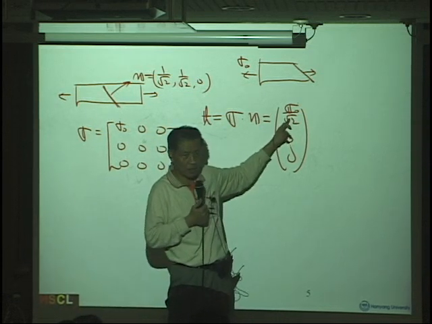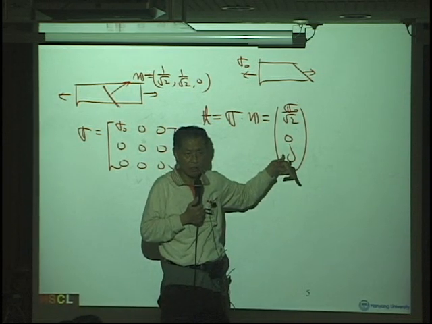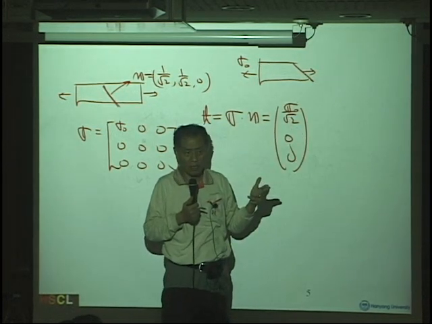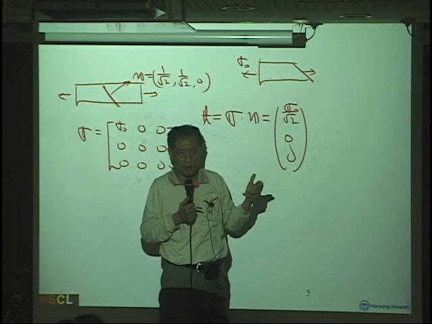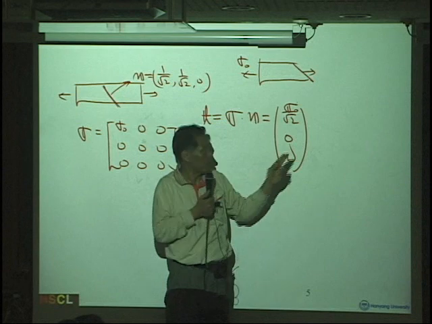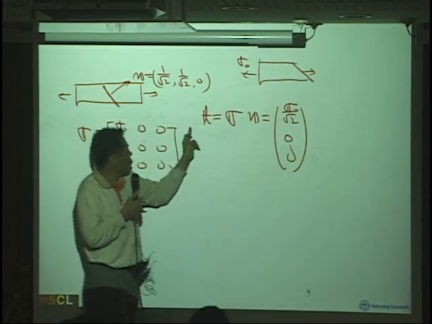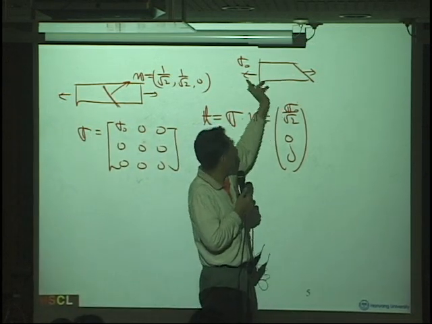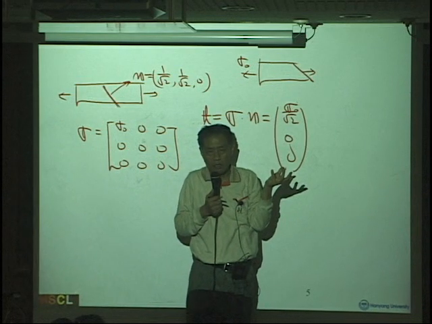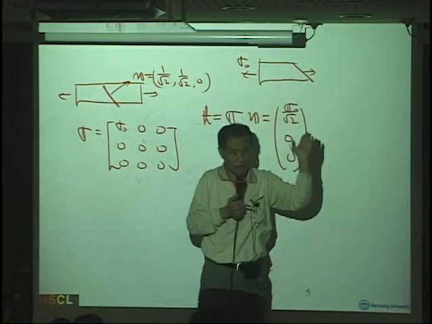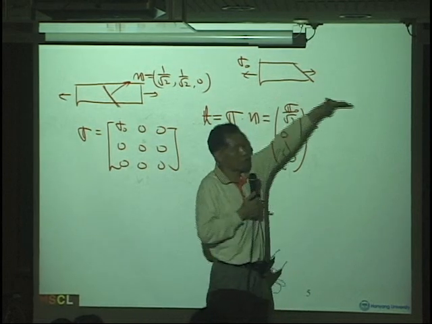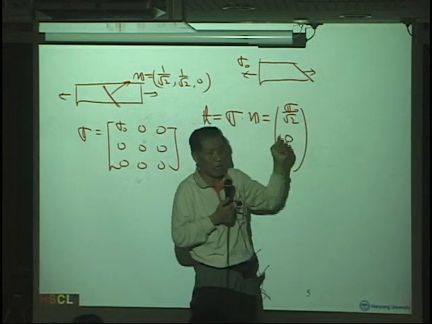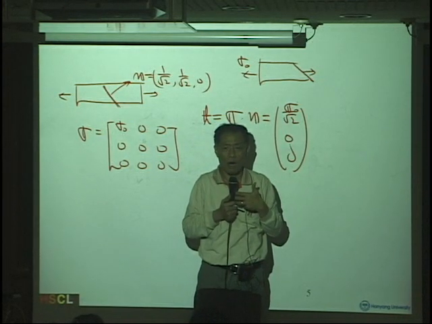But see, the magnitude has been reduced by 1 over root 2. Why is that? Originally the magnitude was sigma 0. If we have a cutting plane like that, the magnitude should be sigma 0, but now we have a different plane, and the direction is still the same because of equilibrium, but the magnitude has been reduced. Why?